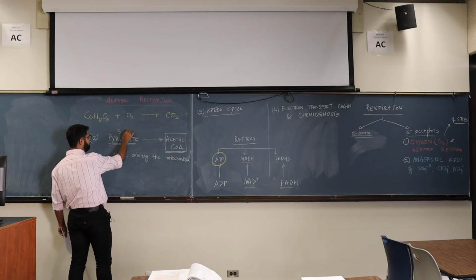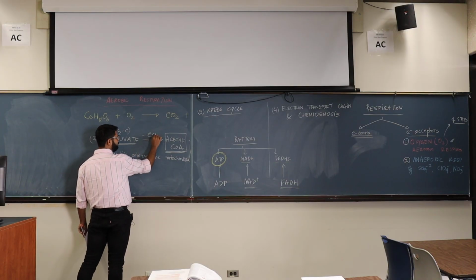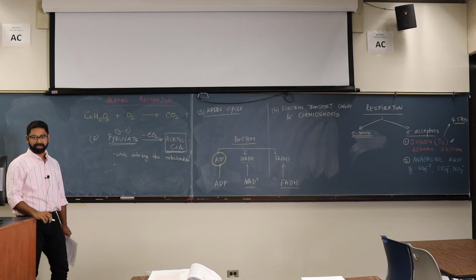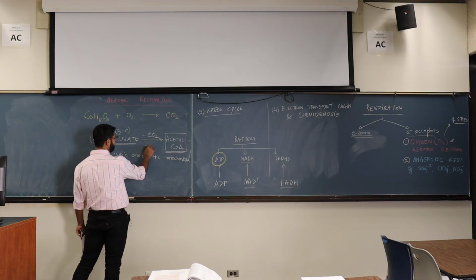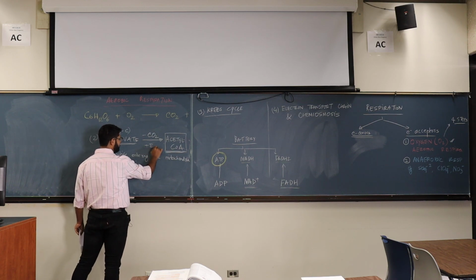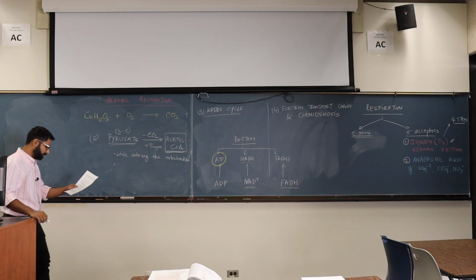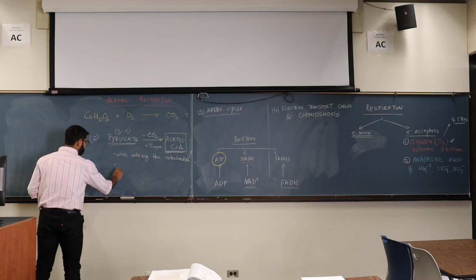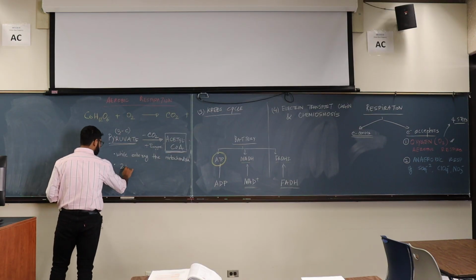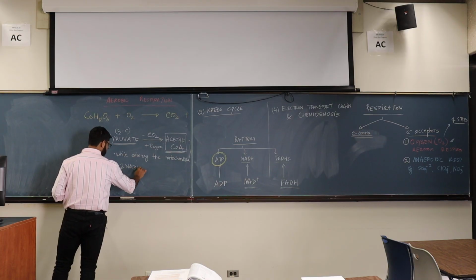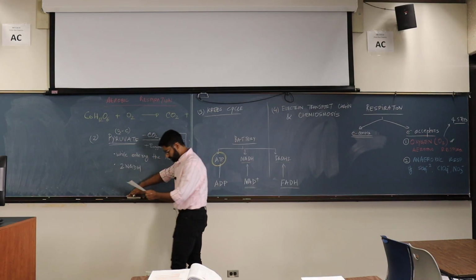So this was a 3-carbon, and in here you remove a carbon as carbon dioxide. The remaining 2 carbon containing compounds associate with the enzyme, and then you get the acetyl-CoA. Okay? Now, the energy output is you don't produce any ATP, but you produce 2 NADH. Okay?